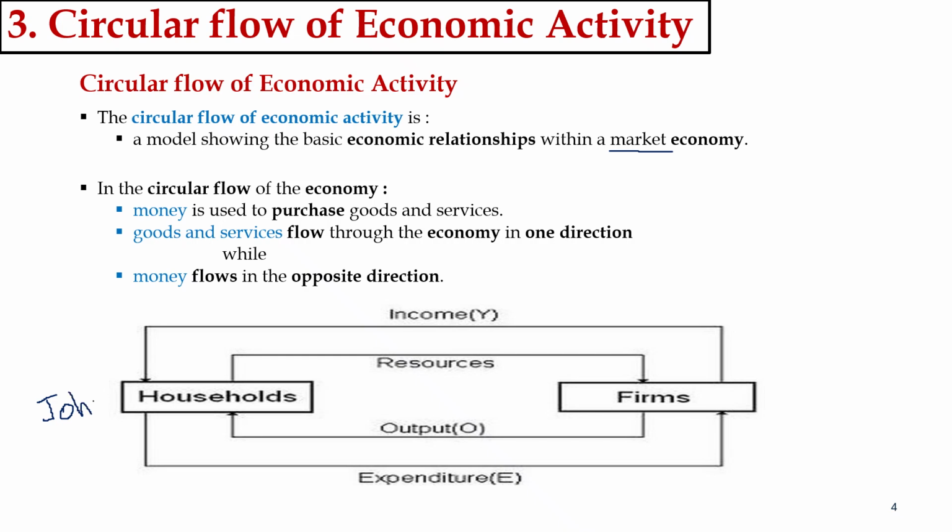He is a household. He is having a family. Now Mr. John is working in this firm. Firm means a business. So Mr. John is working in one of the stores of Walmart.